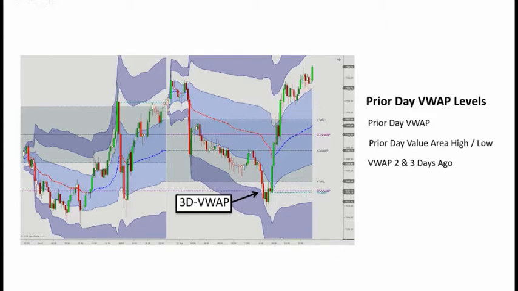So coming back to the institutional perspective, some of these large positions will take days to fill. So it's easy to imagine how these prior VWAP levels can be used as opportunities to get in or out of trades.